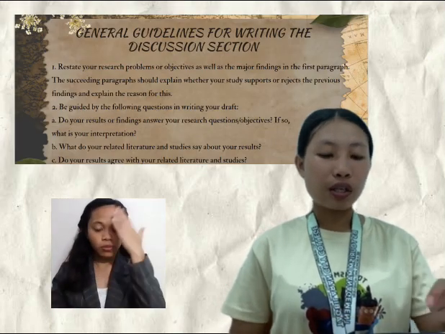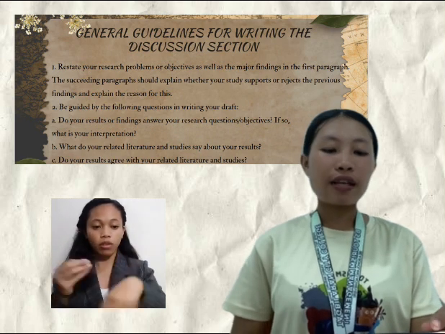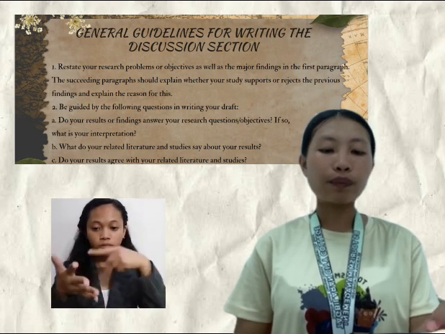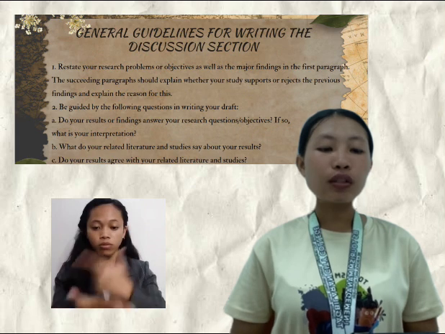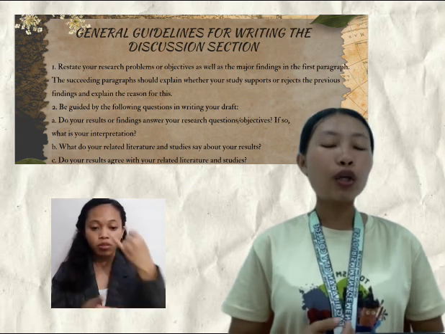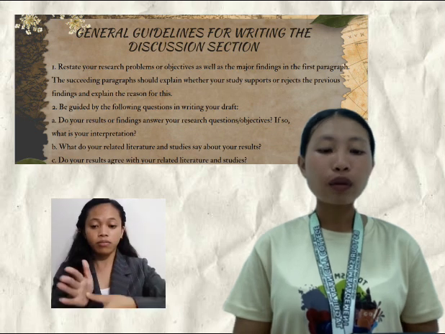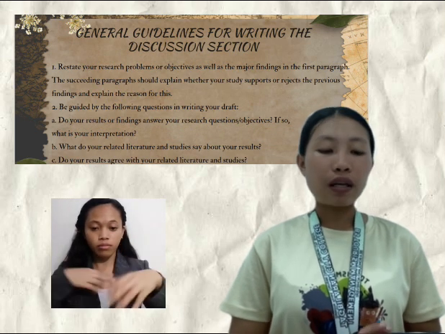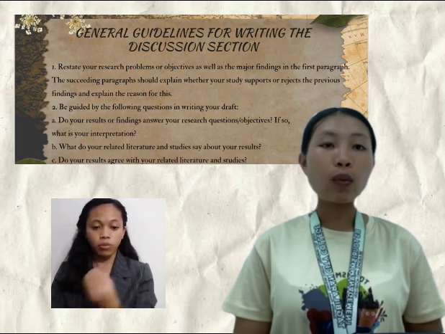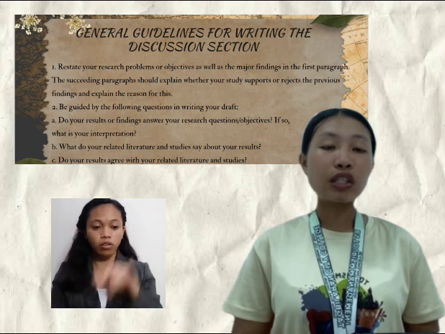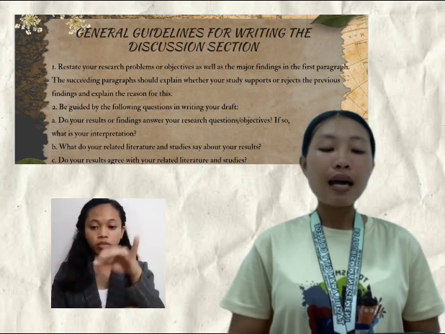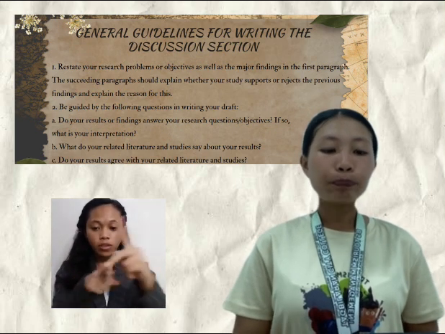So here are the general guidelines for writing the discussion section. The first one is to restate your research problems or objectives as well as the major findings in the first paragraph. The succeeding paragraph should explain whether your study supports or rejects the previous findings and explain the reason for this.